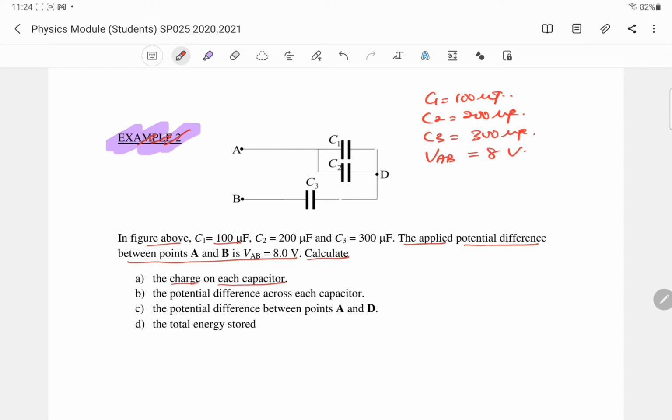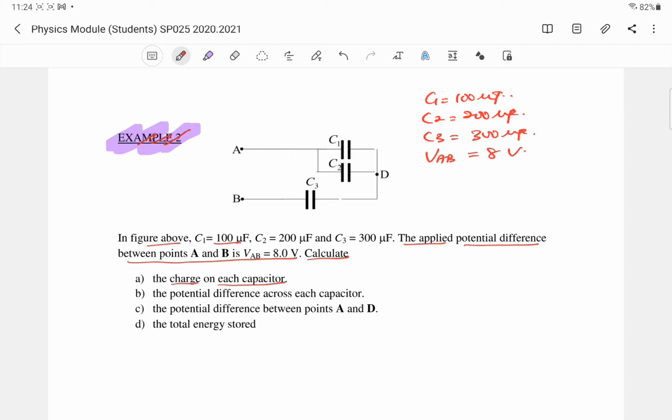Okay, kita nak dapatkan charge on each capacitor. So sebelum kita nak dapatkan charge on each capacitor, kita kena make the circuit simple. Okay, so kita nampak kat sini C12, kita kena combinekan dia.